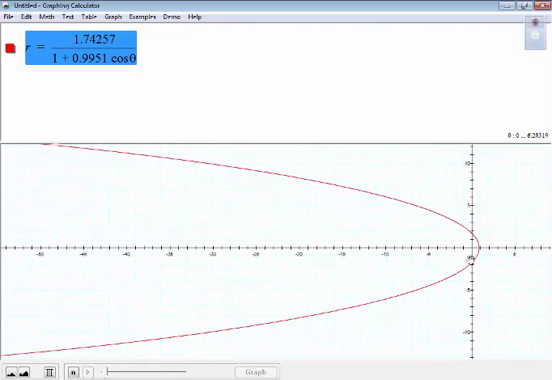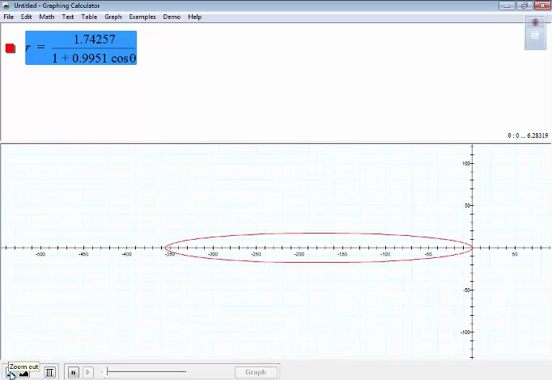It looks like a parabola, huh? But you can see its farthest point is about 350-ish, 300 and something astronomical units from the sun. That's 355.67.